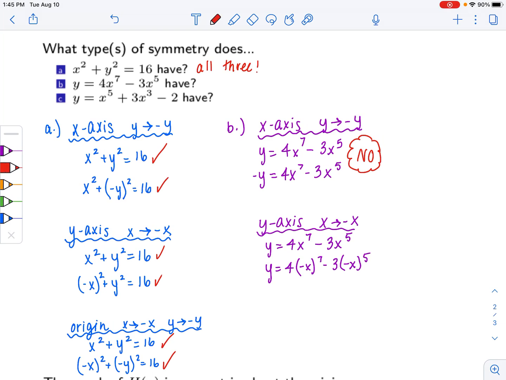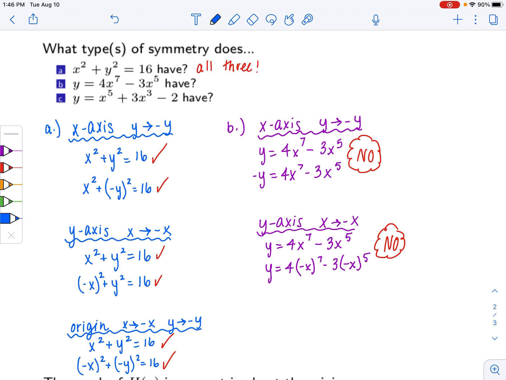Well, we were just using the fact if you square a negative, it's the same. But here, I'm raising my negative to an odd power. Any odd power will not give me a positive value. So it's not y-axis. These would be different because the negative is raised to an odd power.